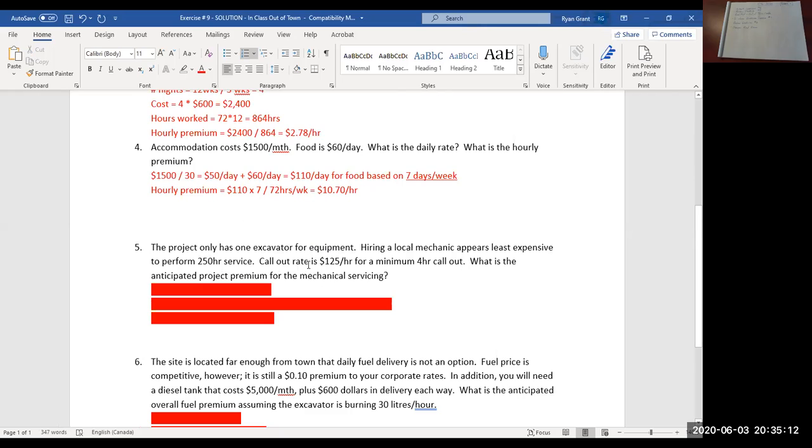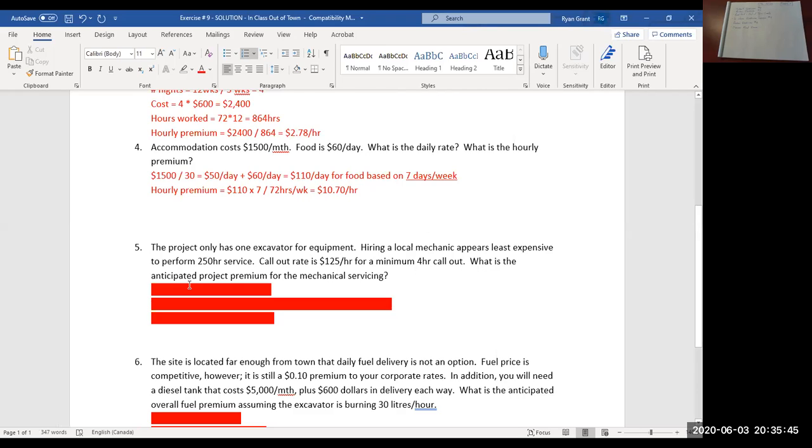So the call out rate for the mechanic is $125 per hour. The minimum call out is 4 hours. So you're going to pay that mechanic 4 hours times $125, regardless if he's there for 20 minutes or 3 hours and 45 minutes. You're still paying him the same amount. If you go over 4 hours, then it's $125 for each hour after that.